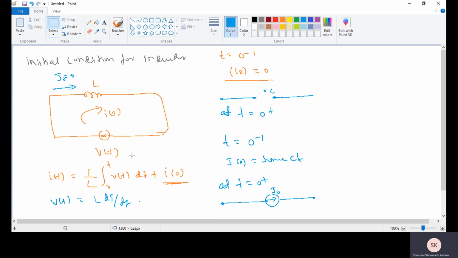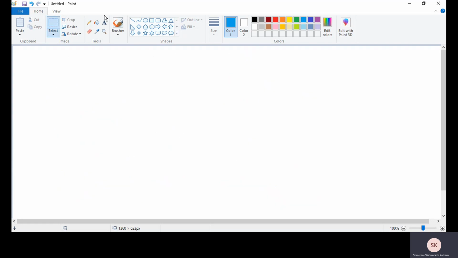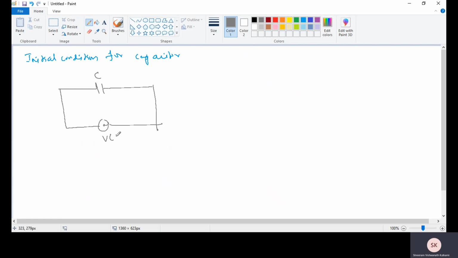And now initial condition for capacitor, where this is my circuit with the capacitor C. Okay, this is V of t.